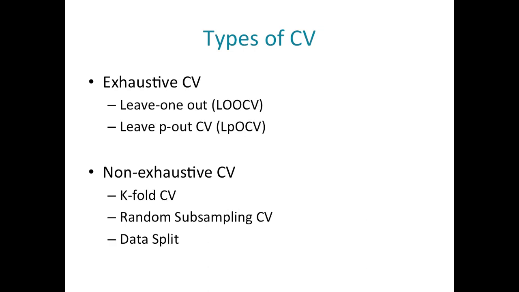Today, in terms of exhaustive cross-validation techniques, we'll see a couple of them: leave one out cross-validation and leave P out cross-validation. And for the non-exhaustive ones, we'll see k-fold cross-validation, random subsampling, and data split.